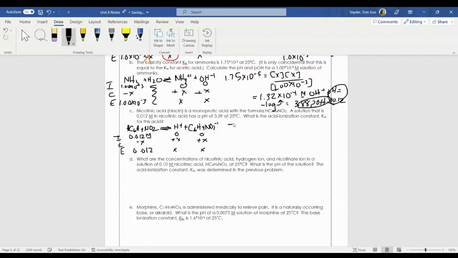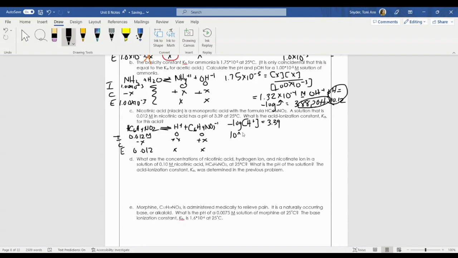So remember, the negative log of the concentration of hydrogen ions is going to give me the pH. So since I'm given the pH, I could determine what x is equal to. In my last video, I'm so mad, I realized today that I did the wrong operation, right? But you would do the anti-log.